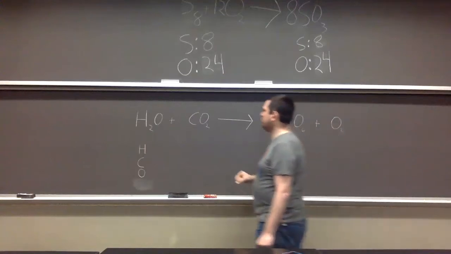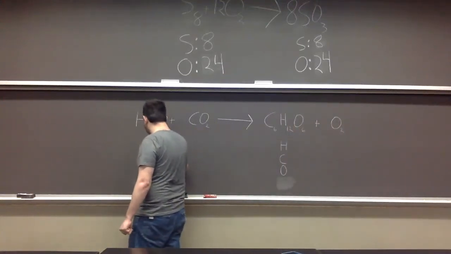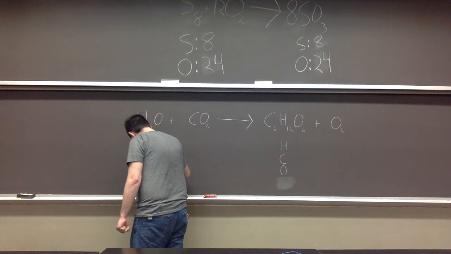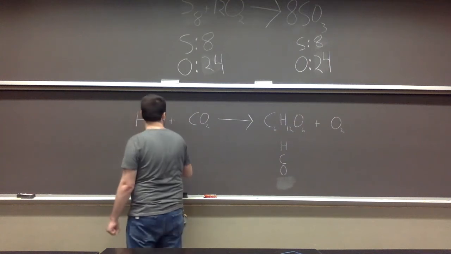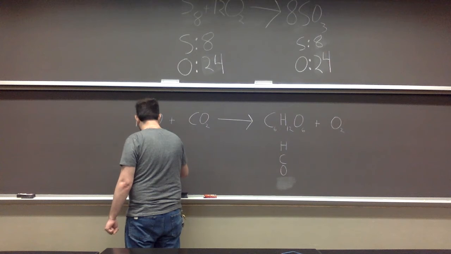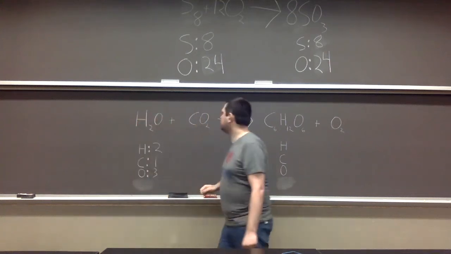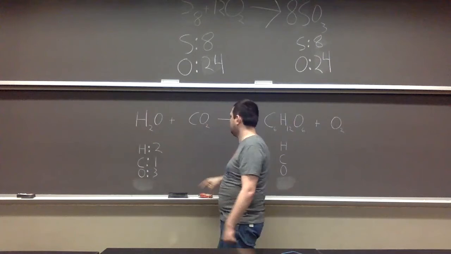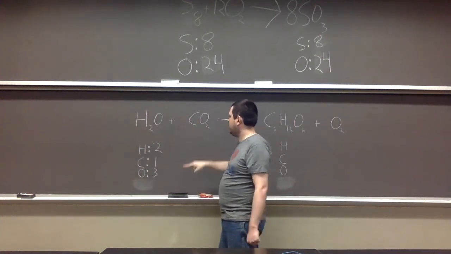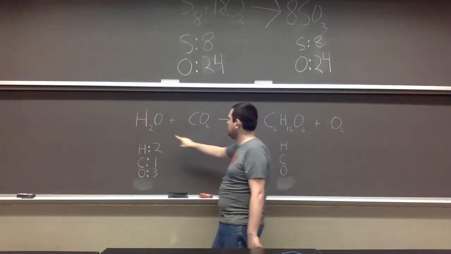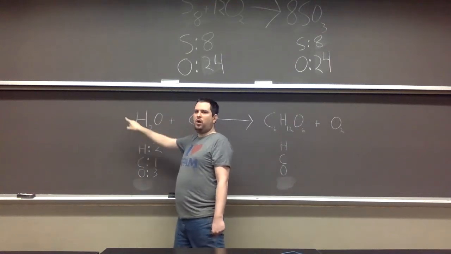So first off, let's put our numbers. So we have 2 hydrogen because of the imaginary 1, 1 carbon, and 3 oxygen because we have 2 here and 1 here.